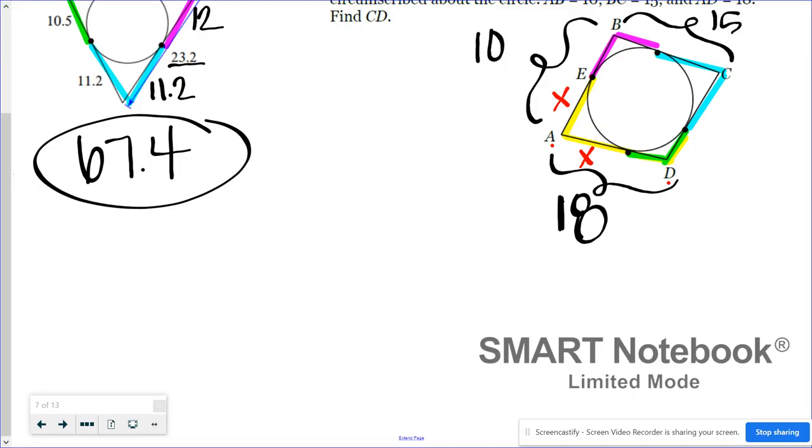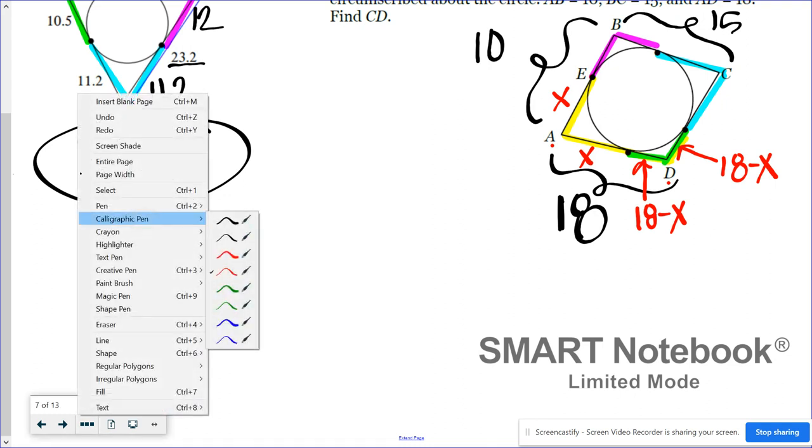So I can represent the green segment by taking the whole side of 18 and subtracting the little bit that I know is X units long. I want to use this idea of the whole side minus what I know, and walk around this problem, so I'm going to continue doing that.